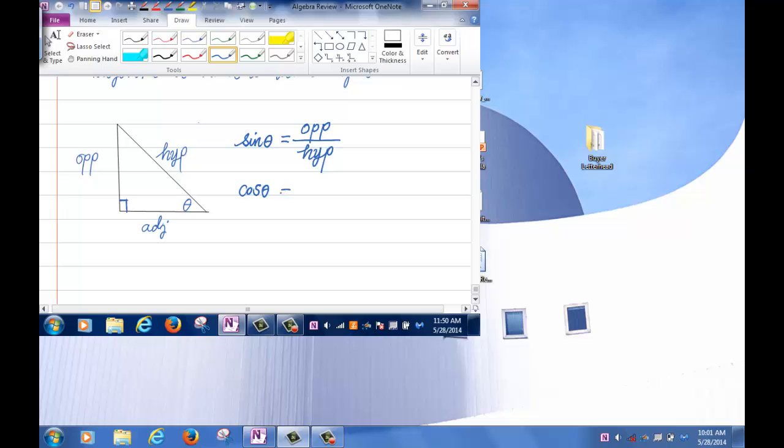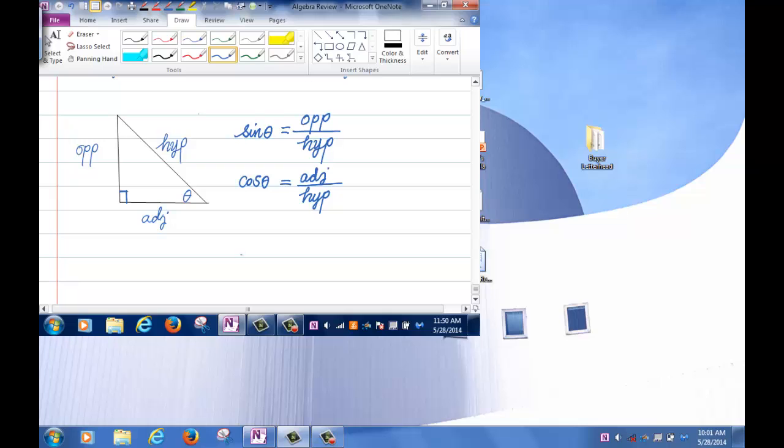Anyone remembers? This is the adjacent divided by the hypotenuse. And what is tangent? Tangent of theta would be opposite over adjacent.